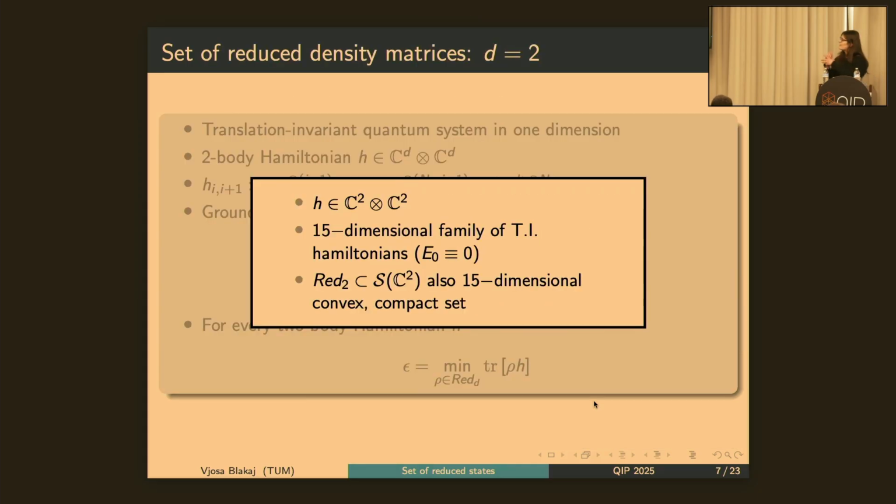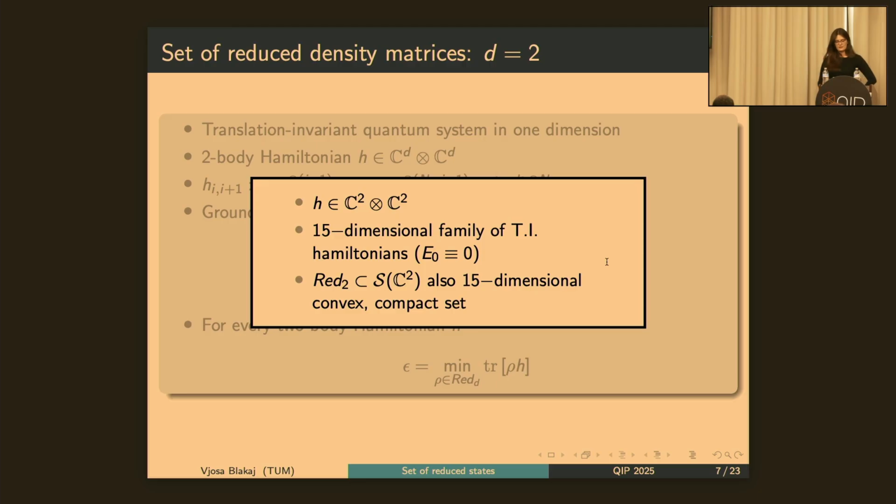Just to get some intuition how the set looks like, I take the local dimension to be 2. So here I'm considering systems of qubits, and H, the Hermitian matrix, is going to be just on C^2 tensor C^2, so a 4x4 matrix. And the family of translation invariant Hamiltonians, by a priori assuming that I'm setting the lowest energy to 0, is going to be a 15-dimensional family.